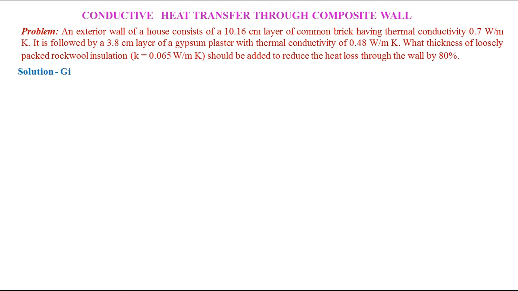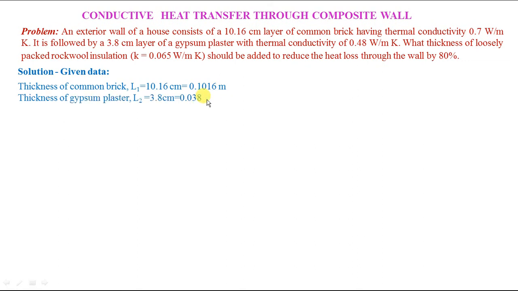The given data are: the thickness of common brick L1 is equal to 10.16 centimeter, that is equal to 0.1016 meter. The thickness of gypsum plaster L2 is equal to 3.8 centimeter, that is equal to 0.038 meter.